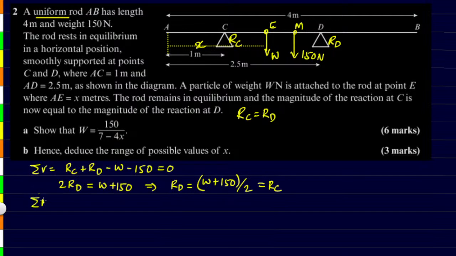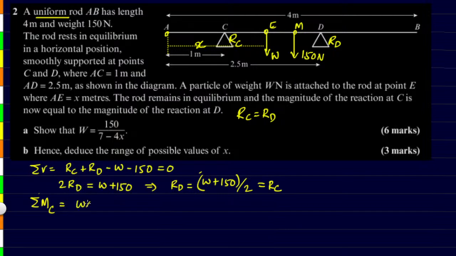Now let's take sigma M. Let's go with moment about point C. If you take point A, then RC and RD both you have to take, and they are a little complex. So let's take moments about C to simplify it.